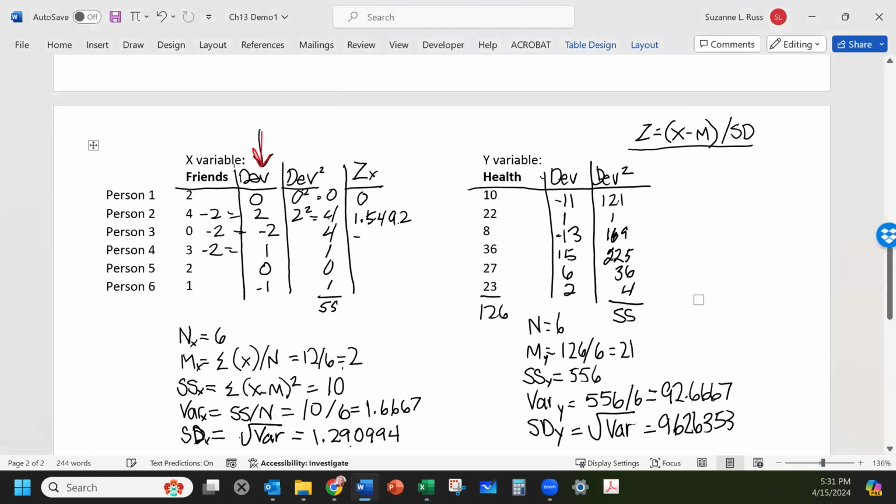It's not 4, it's actually this 2 divided by, I always make mistakes, I try not to.